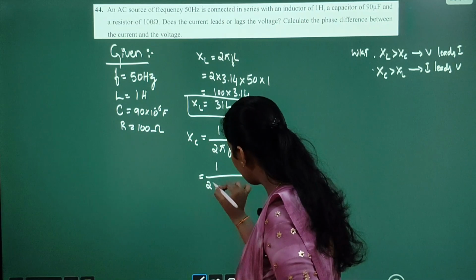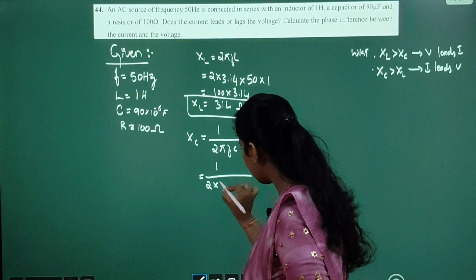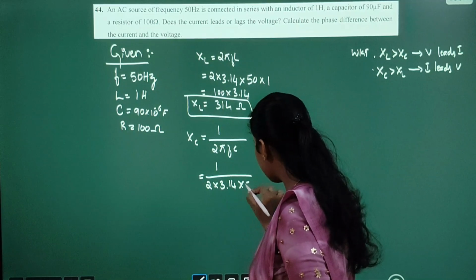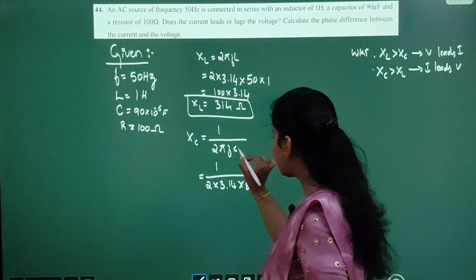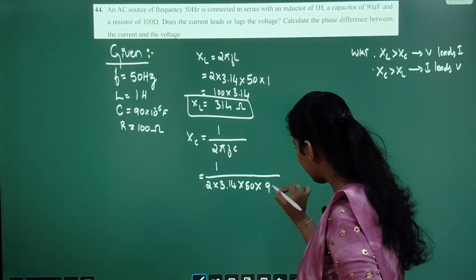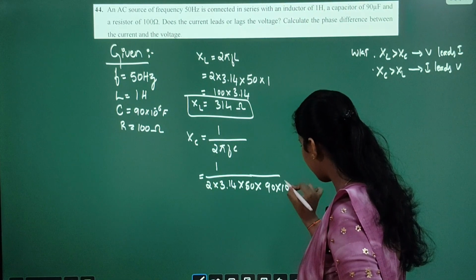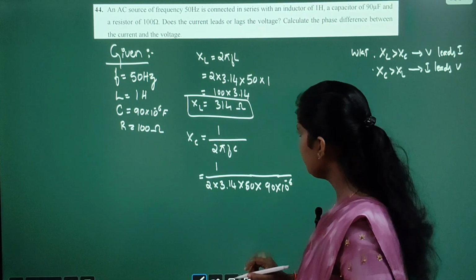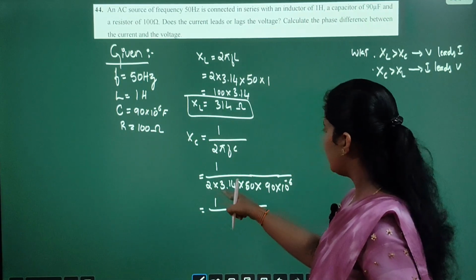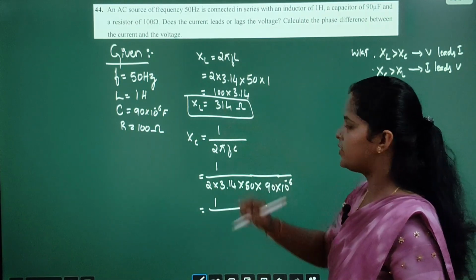1 upon 2 into, what is pi here? Pi value is 3.14, into frequency 50, into, what is the capacitor? Here 90 into 10 to the power of minus 6 farad. Okay, here 1 upon 2 into 3.14 into 50 is nothing but 314.